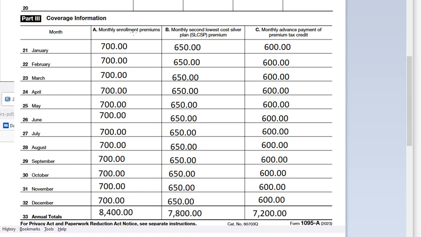Look at the numbers in column A from January to December, and we see that they're all the same. Also look at column B, the numbers from January to December, and we see that they're all the same. If both of these columns are the same from January to December, then we just answer yes.